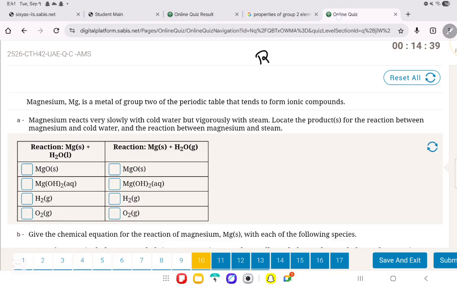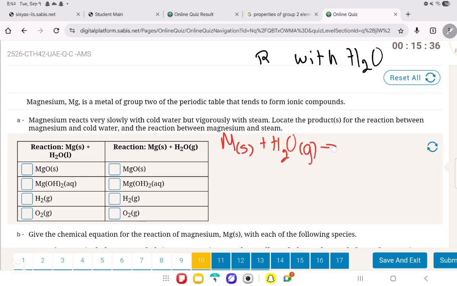Let me write the reaction with water, which is H2O. When reacting with water, we have many different possibilities, okay? Either a solid metal will react with H2O gas to give us a solid metal oxide, plus H2 gas.